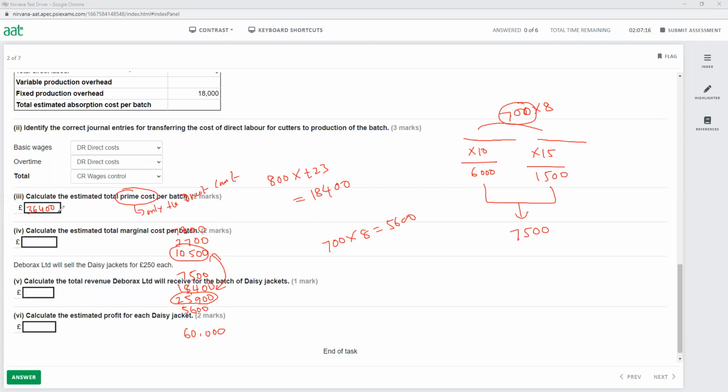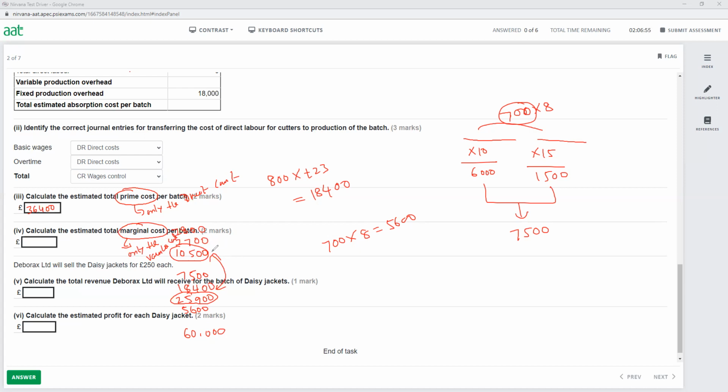The next one says, calculate the estimated total marginal cost. Marginal cost means only the variable cost.